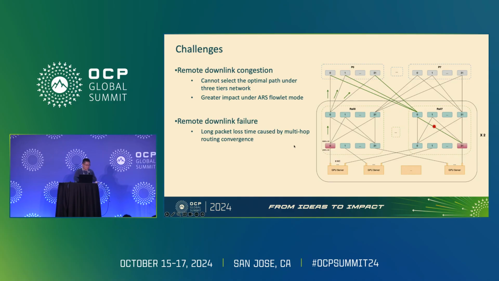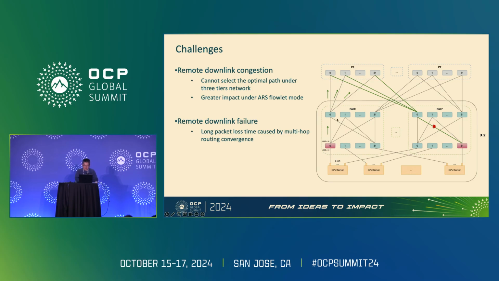Now let's move to the second scenario, the link failures. This will further justify the topological changes we just made. Now consider this remote link has failed.